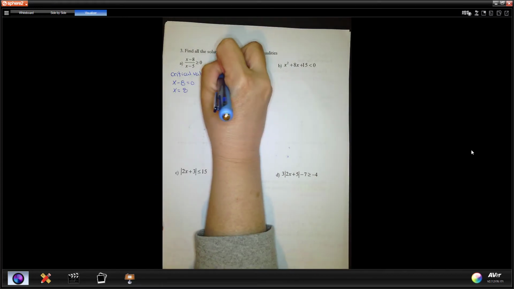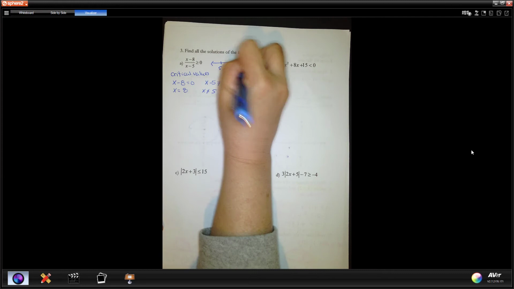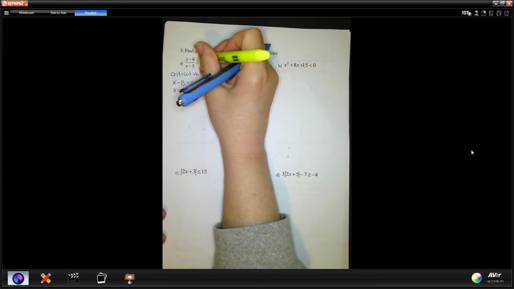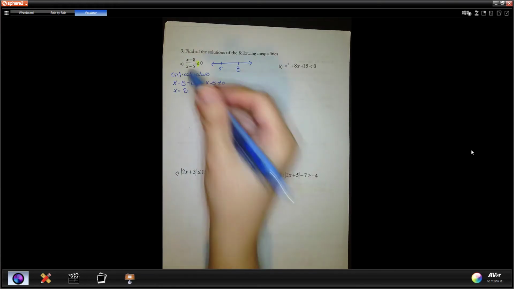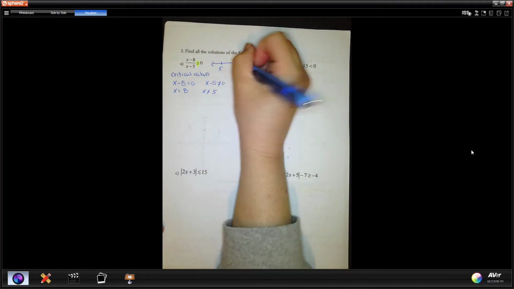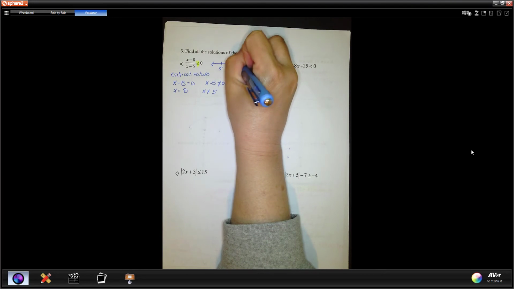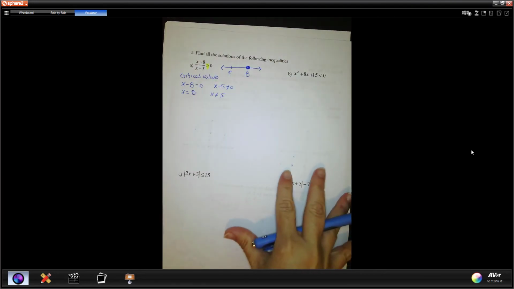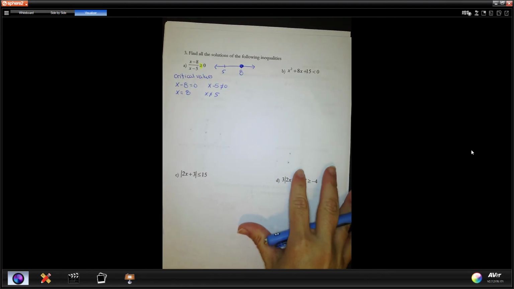So we're going to go ahead and put those on our number line. So we have 5 and 8. And then we're going to look at the sign and have to decide, are these values included or not included? So first of all, since 8 was equal and it's in the numerator, it's going to be included because it's greater than or equal to.